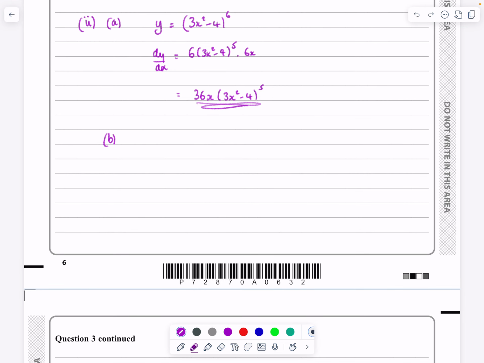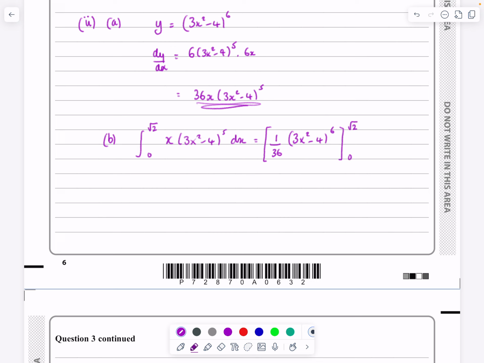Let's write it out: the integral between root 2 and 0 of x(3x squared minus 4) to the power of 5 dx. Well, I think then that the integral of that is 3x squared minus 4 all to the power of 6, but actually it wouldn't. That would be 36 lots of it, so it's the 1 over 36 to take that. So they're leading you through the reverse chain rule in order to be able to do this particular question.